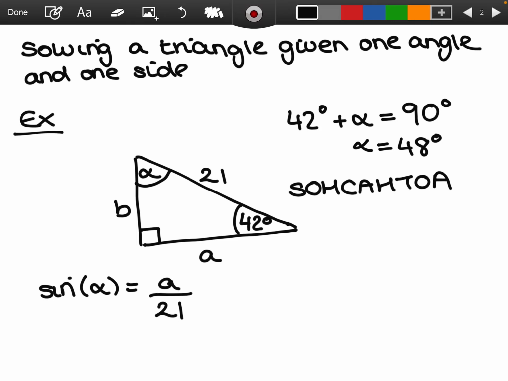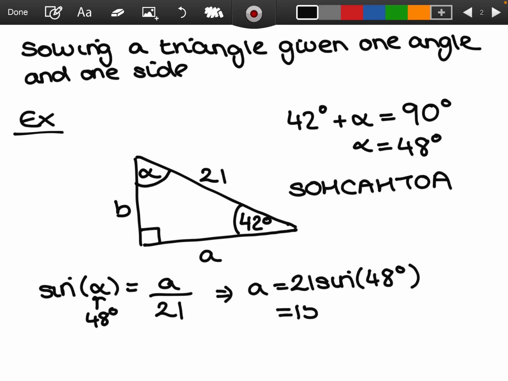The side that is opposite alpha is A, and the hypotenuse is 21. Now, alpha we just found is 48 degrees. So that tells me that A is going to equal 21 multiplied by sine of 48 degrees, which if you type that into your calculator should come out to 15.61. Again, I would do this to 1 or 2 decimal places.